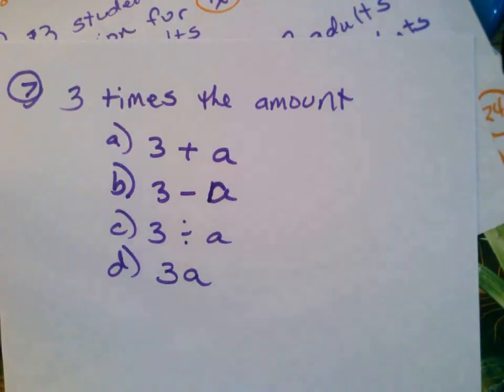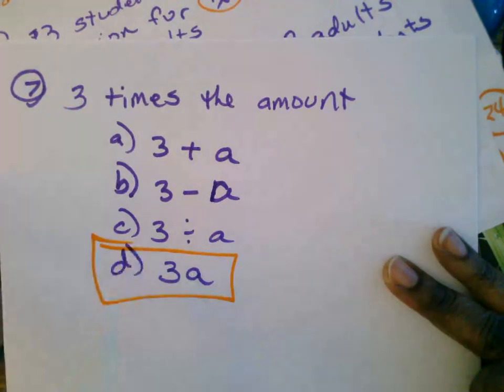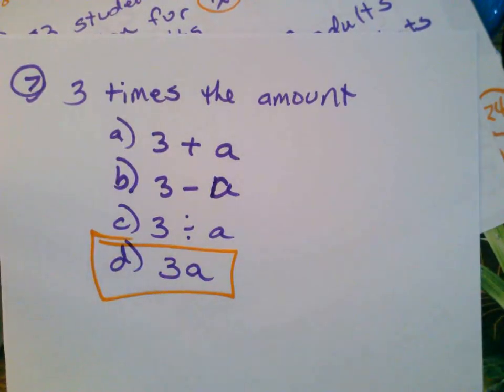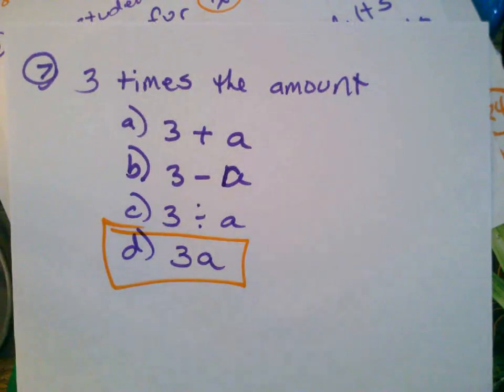All right, A, B, C, or D? D. 3 times the amount is correct. All right, number 8.